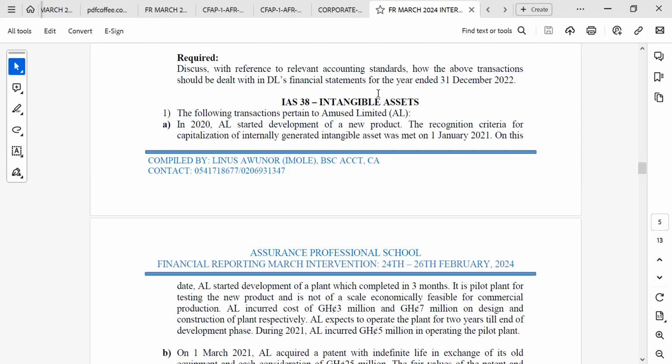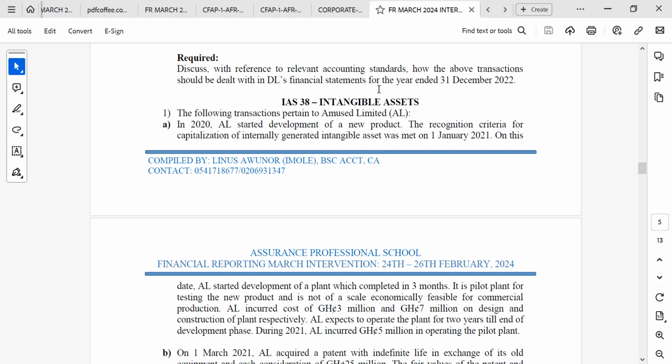For the lifetime of the product, maybe the product will stay for 5 years, the advert will boost your sales for 5 years. Although it is going to give you benefits over time, we cannot recognize this because we cannot sell the advertisement cost in a separate transaction.